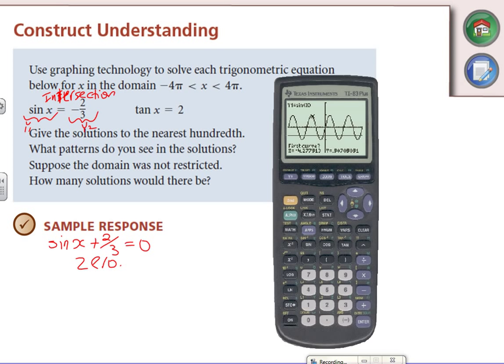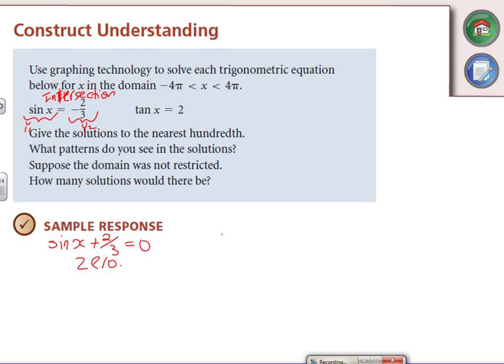If I jump down to the line graph, the negative 2/3, I can get over there a little bit faster because I don't have to go up and down. So just be closest to that one. Enter, enter, and we get, boom, there it is, negative 8.695. So to the nearest hundredth, negative 8.70 is our first one.